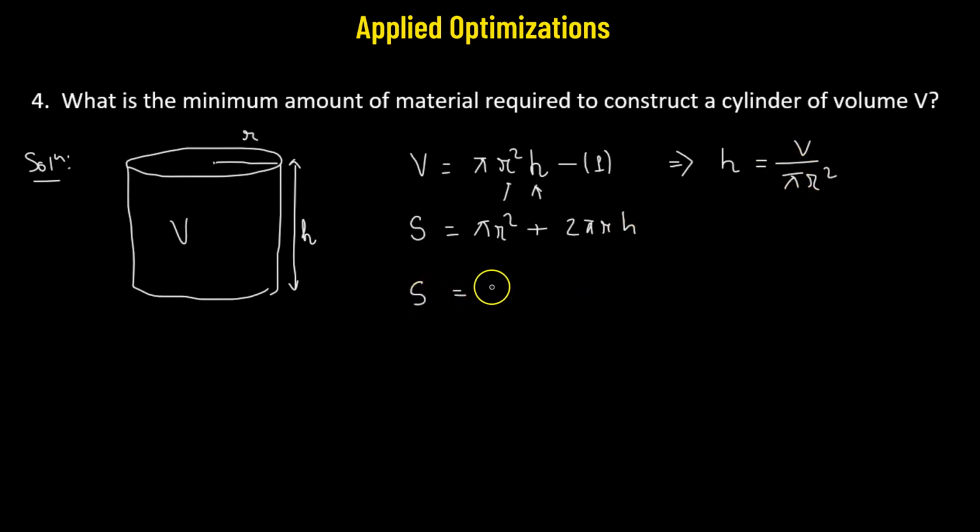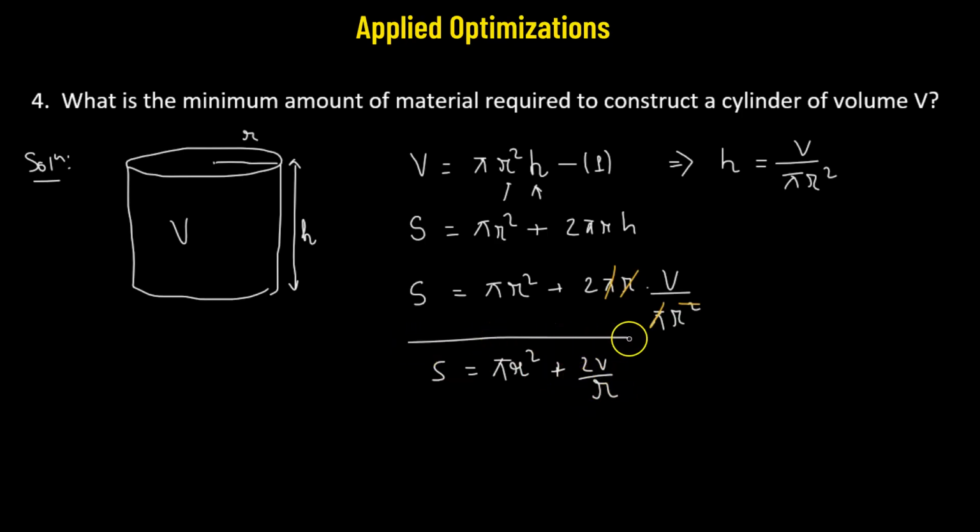So our surface area now becomes pi r squared plus 2 pi r, then instead of h, we have V over pi r squared. So a few of the terms will get cancelled out. So pi and pi go away, and r goes away, leaving us with S equals pi r squared plus 2V over r.